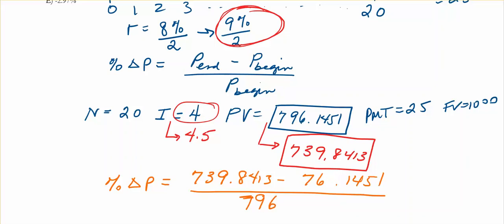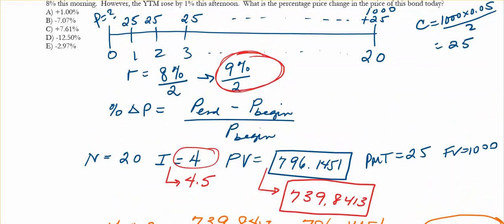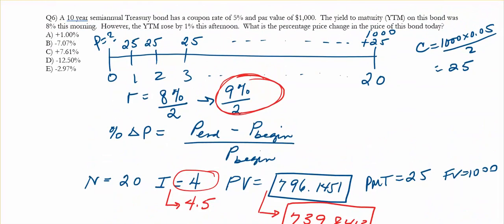Oops, reverse these digits here. 0.1451. Giving us negative 7.07%. We look up the options and we see there it is, it's B.